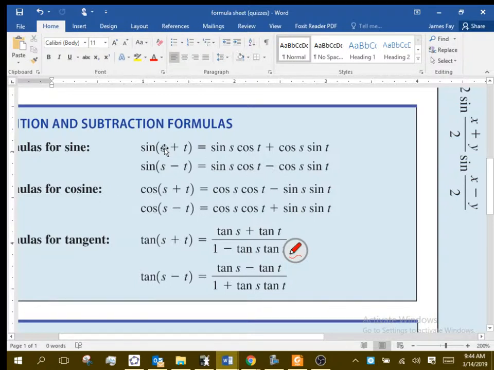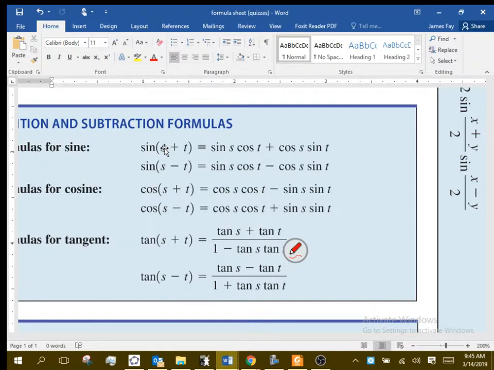These formulas are called addition and subtraction formulas. What they basically do is say, okay, if I want to find the sine of 75 degrees, I don't know that off the unit circle, right? But I know the sine of 30 and I know the sine of 45, don't I? So let's let S be 30, let's let T be 45. That gives me 75.